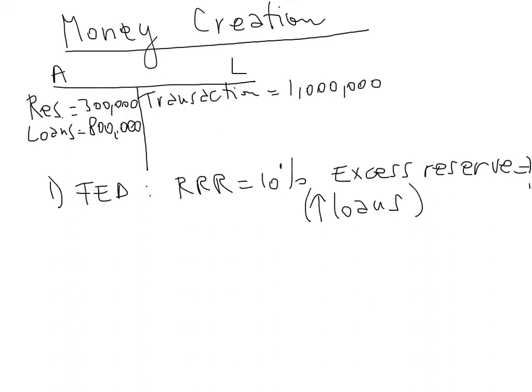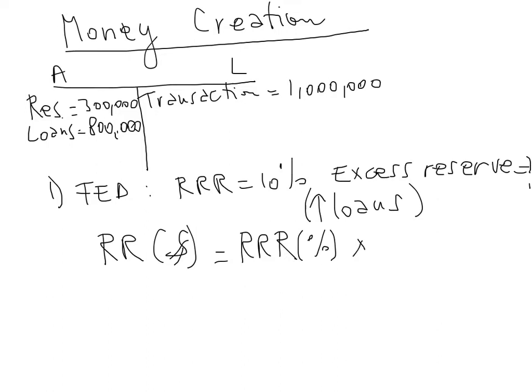If you go and look back at the formulas for money creation, any bank has to have a required reserve in dollars, defined as the required reserve ratio in percentage times the transaction account. So let's see how much required reserve this bank is going to have.